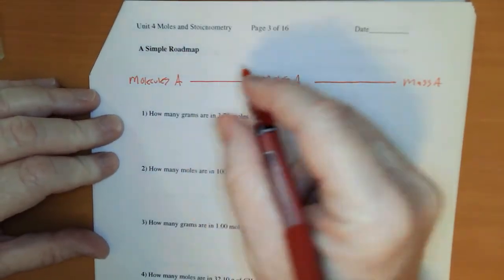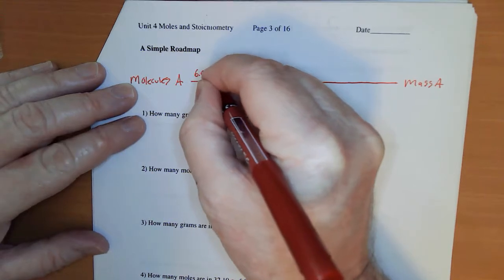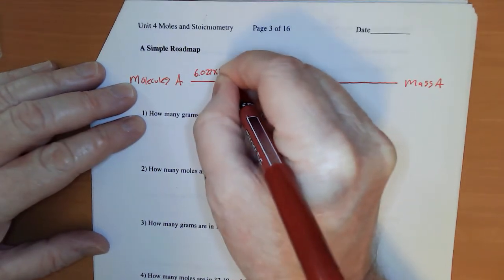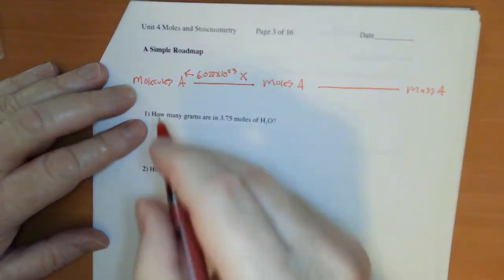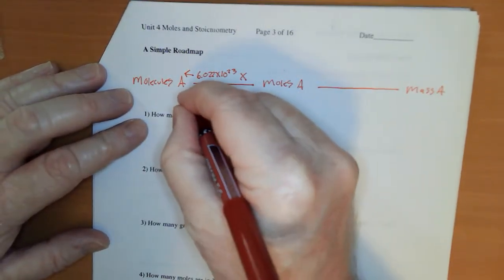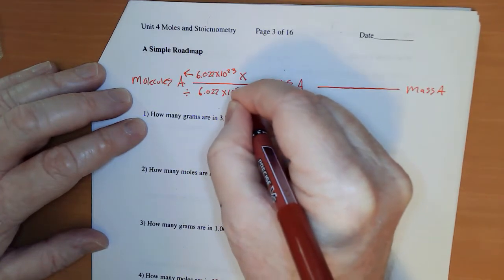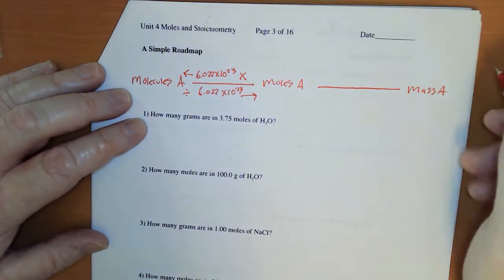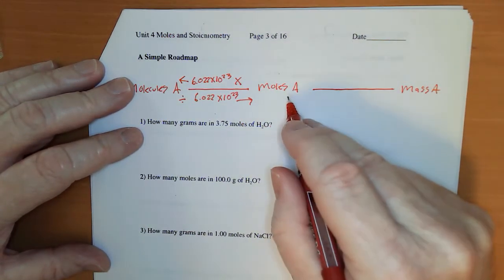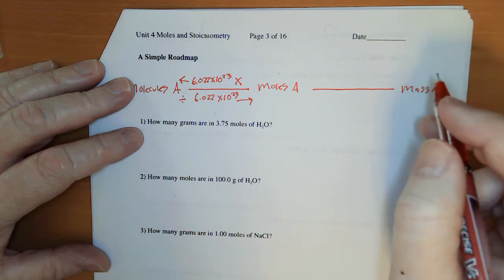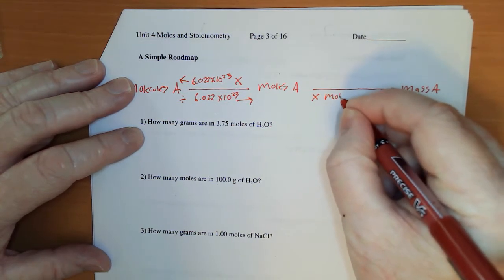Now, to go from moles to molecules, we know that we multiply by Avogadro's number, 6.022 times 10 to the 23rd. So then to go from molecules to moles, we must divide by Avogadro's number. Then, to go from moles to mass, we know that we multiply by the molar mass.